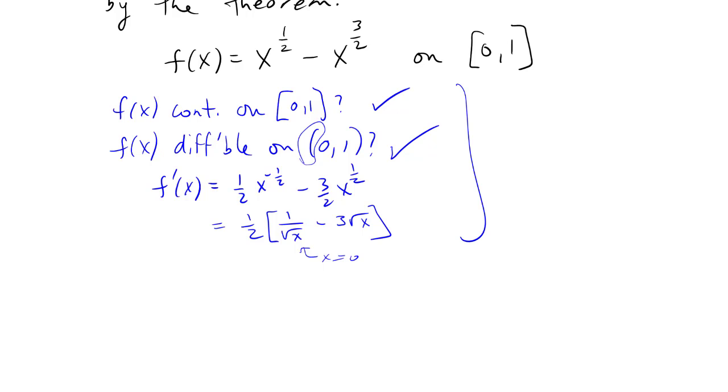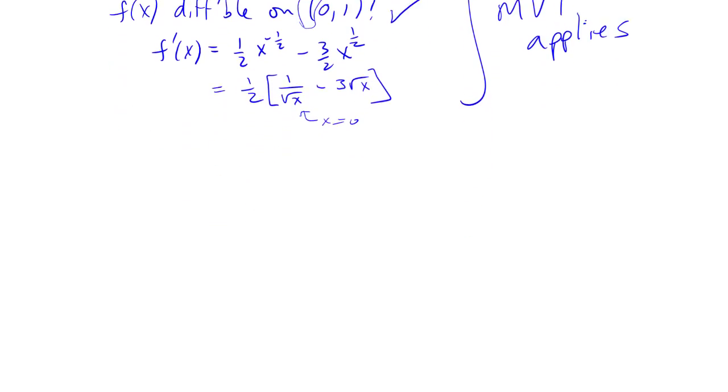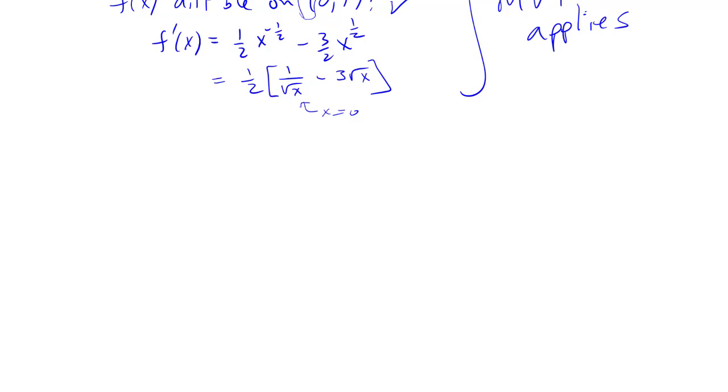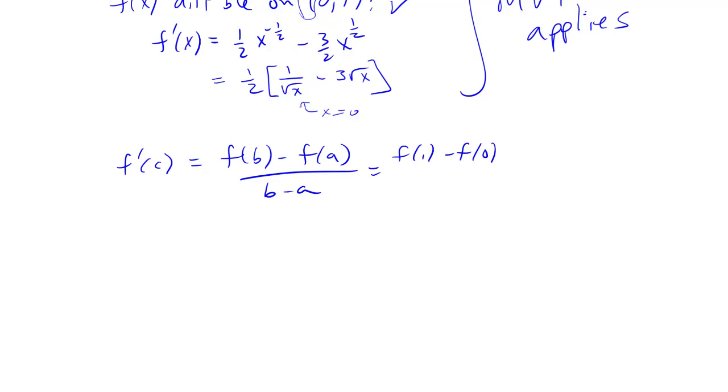Okay, so all this means that MVT applies. So that means we can go ahead and proceed. There's going to be a guaranteed value of the derivative, f prime of c, which is going to be f of b minus f of a over b minus a, which is f of 1 minus f of 0 over 1 minus 0.